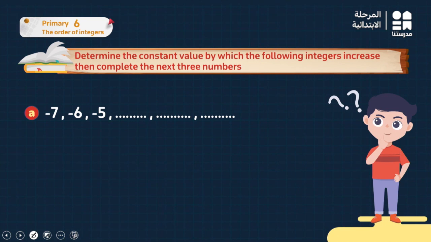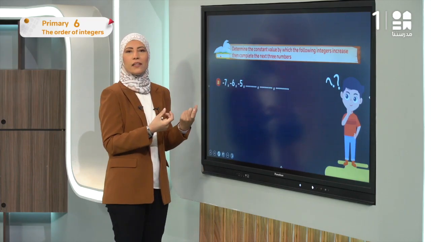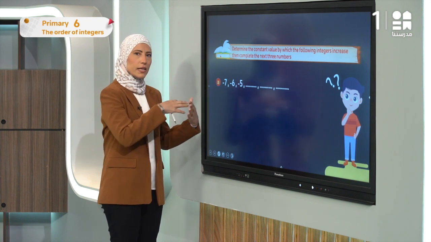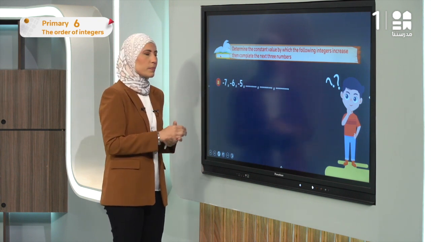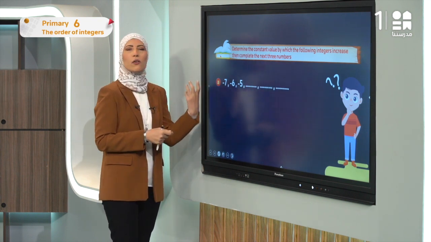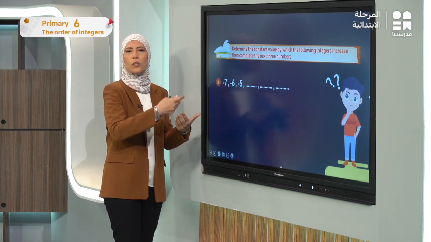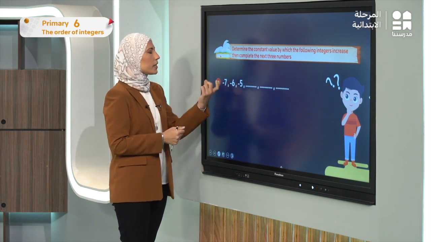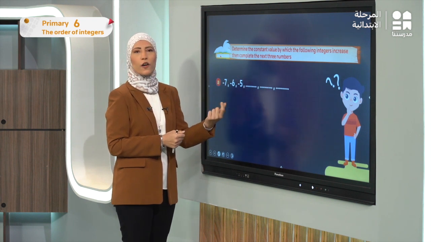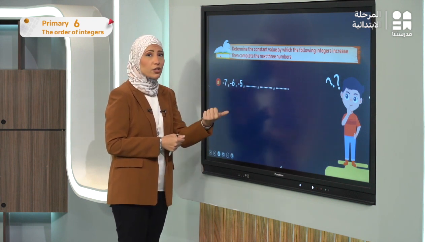Here it says: determine the constant value by which the following integers increase, then complete the next three numbers. First thing, you have to determine the value by which your integers increase. Here you have negative 7, so look at your order and complete. Negative 7, negative 6, negative 5. So you are moving in the direction of the positive.